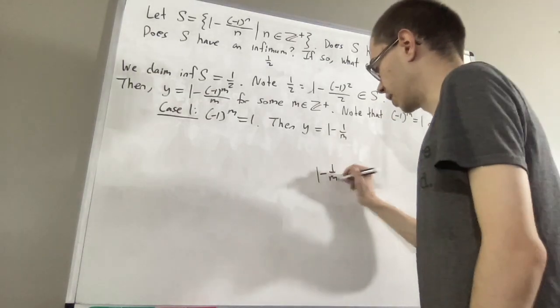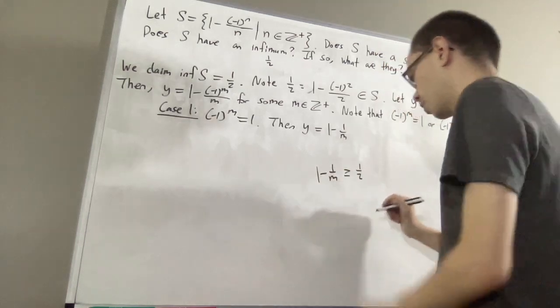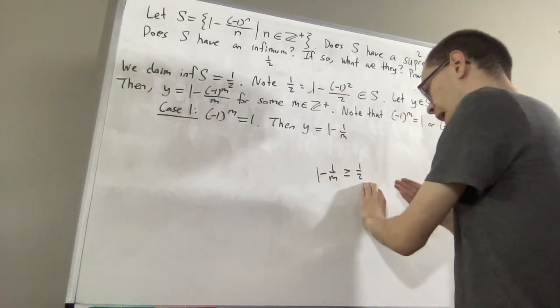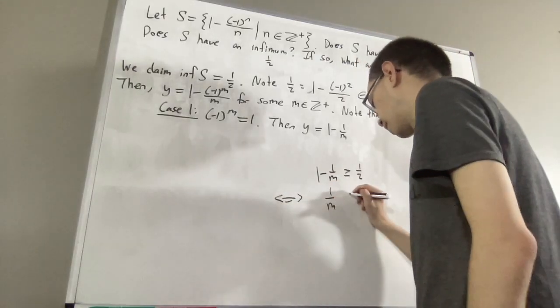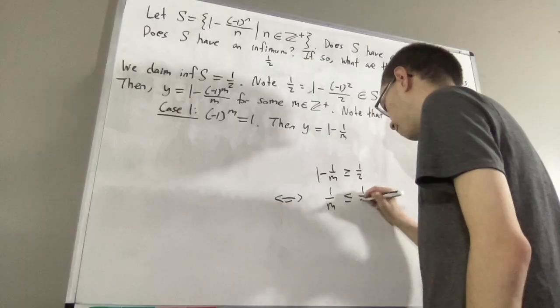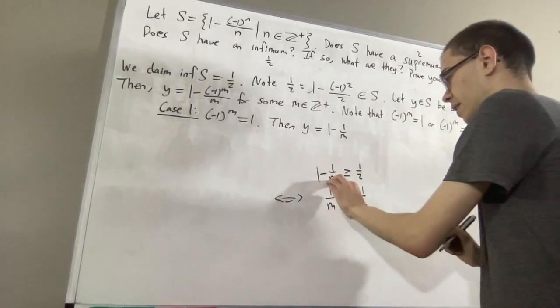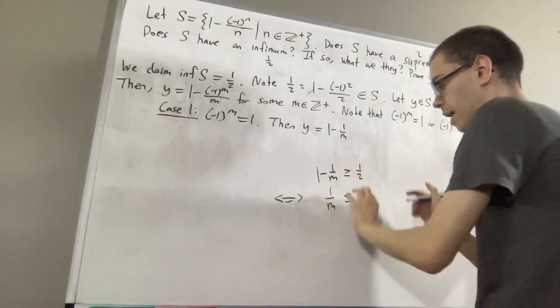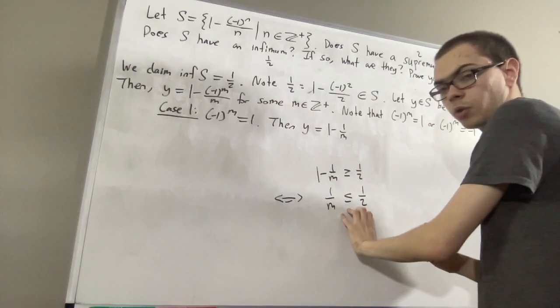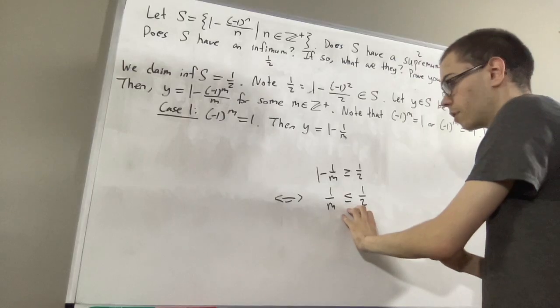Well, this happens exactly when 1 over n is less than or equal to 1/2. Right? If we just manipulate this, add the 1 over n to the other side, subtract the 1/2 to the other side, this happens exactly when 1 over n is less than or equal to 1/2.